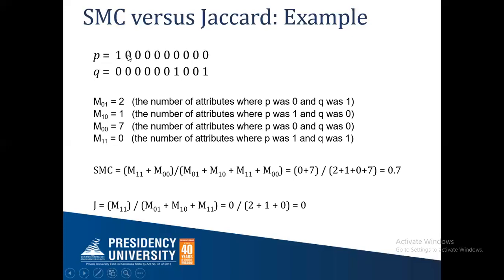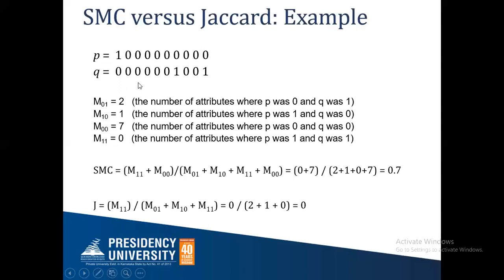Here P is 0 but Q is not 1. Moving further, in this particular place P is 0, Q is 1. So count is 1. Similarly, in the last bit, P is 0, Q is 1. So M01 count is 2, because P is 0, Q is 1 in only these two bits.